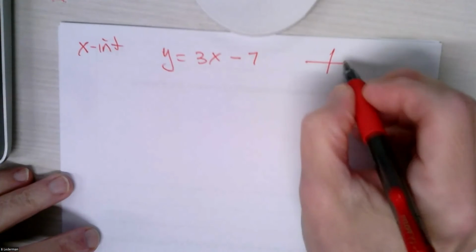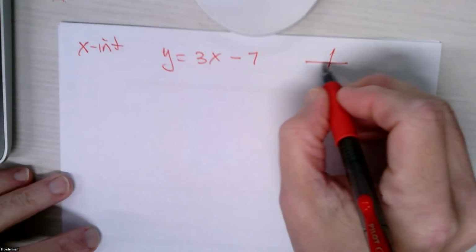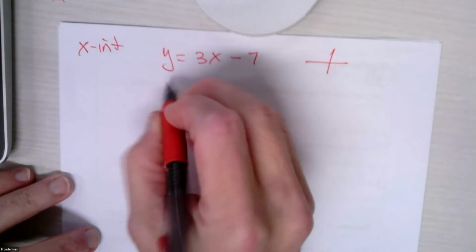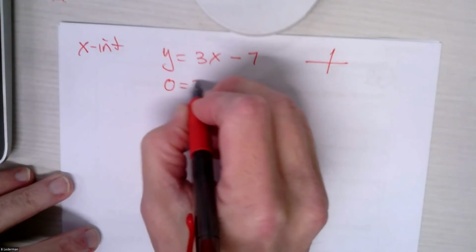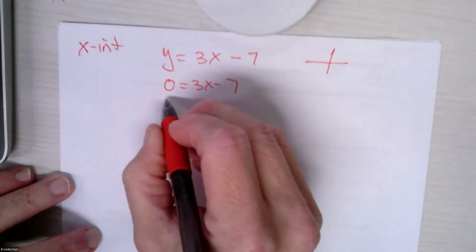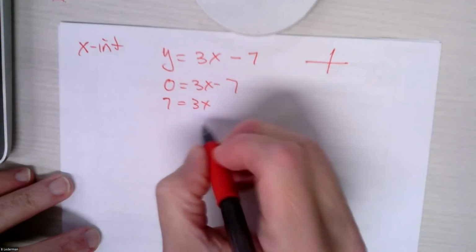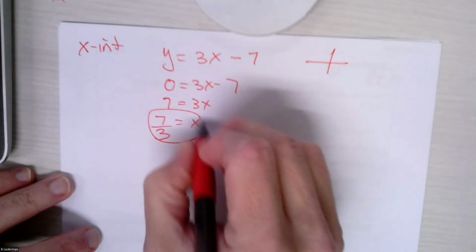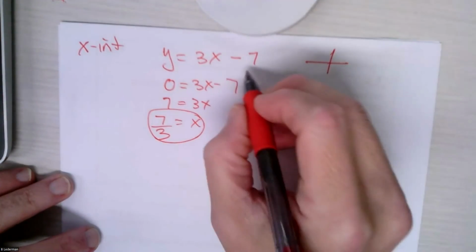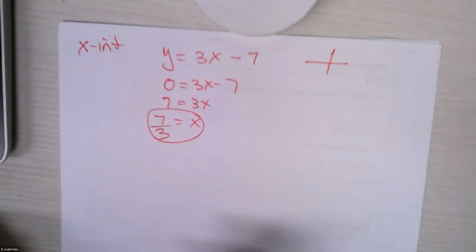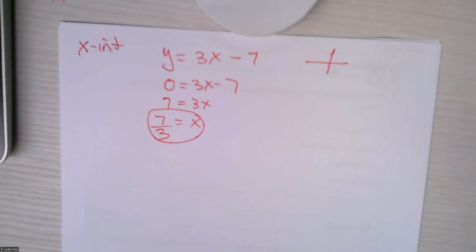Because on the x-axis, all the y values are equal to 0. So I want to find the point on this line where y equals 0. So I just set y equal to 0, and then solve for x. So the x-intercept is going to be 7/3. The y-intercept is -7, and the x-intercept is 7/3. And that's how you find the x-intercept for any line, any equation.